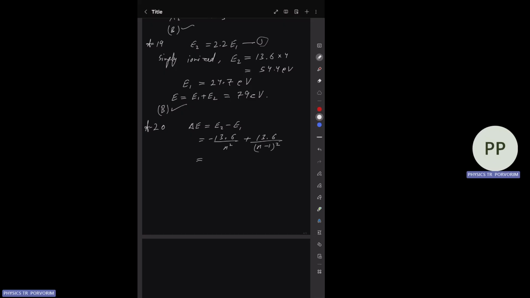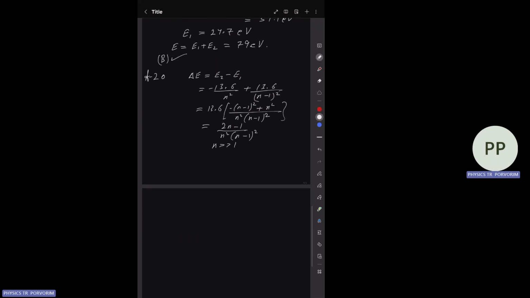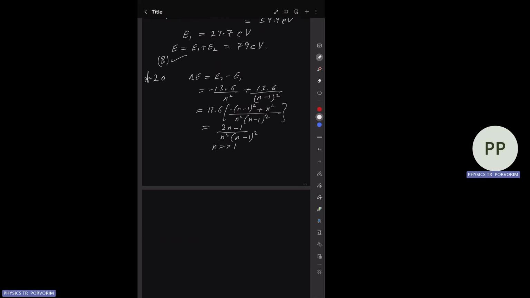Taking 13.6 as common and solving, we get 2n minus 1 by n square times n minus 1 whole square. Since n is very much greater than 1, we can neglect the 1.